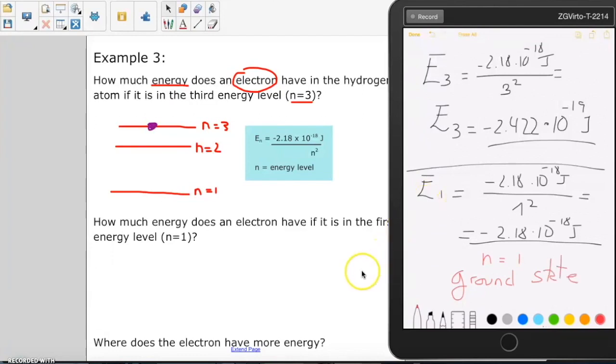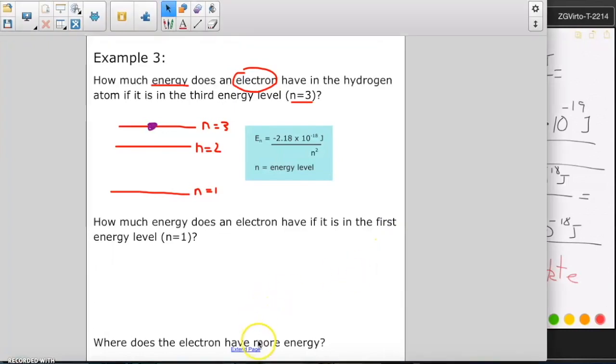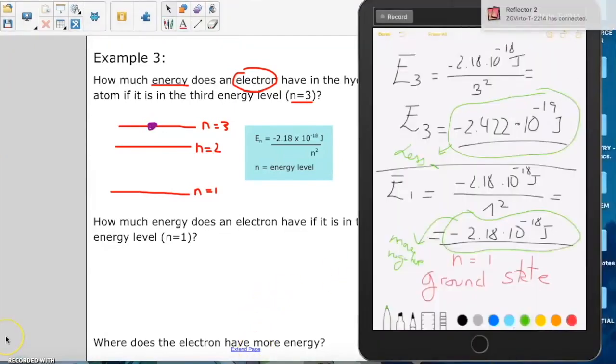The next question says, where does the electron have more energy? Well, if we want to compare the two levels of energy, we need to take a look at the numbers. I know it's a little bit complicated, but if we really focus on this, we will realize that this number on the top, the energy at level N3, is less negative than the number on the bottom, because minus 19 makes that number less negative than the other one.